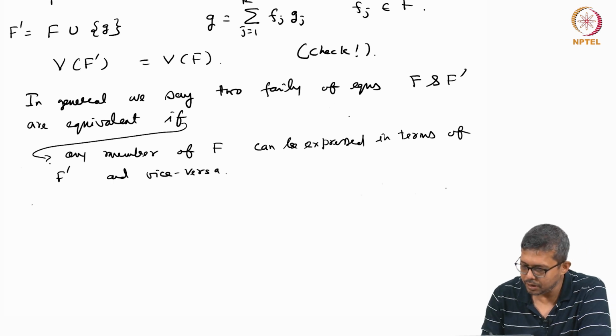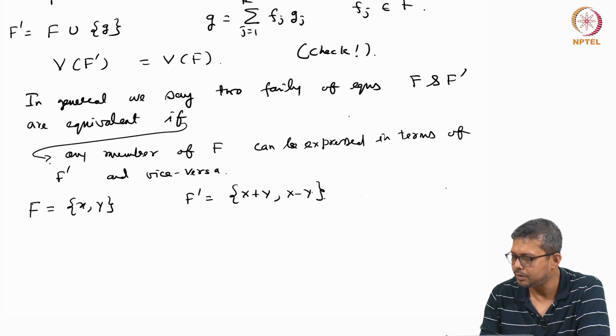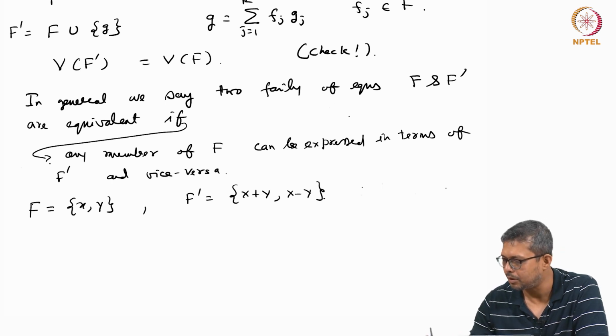For example, you take F = {x, y} and F prime = {x plus y, x minus y}. These two are equivalent, where any member of F prime you can write as a linear combination of members of F, and similarly the other way. So F and F prime are equivalent.